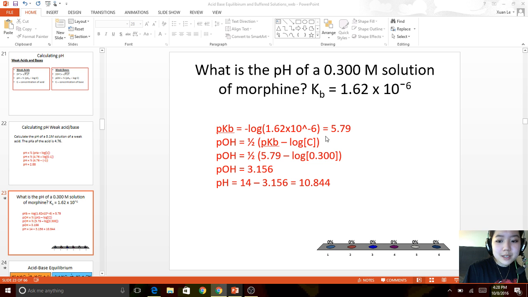And once you multiply everything out, it's going to be 5.79 as the pKb. And then plugging in all those numbers, the pKb plus the 0.3 molar concentration, we're going to get pOH is equal to 3.156. And then to find the pH, we're just going to subtract 14 by that number, and it's going to give us 10.844.